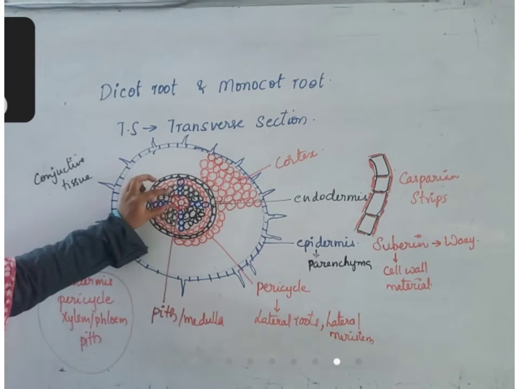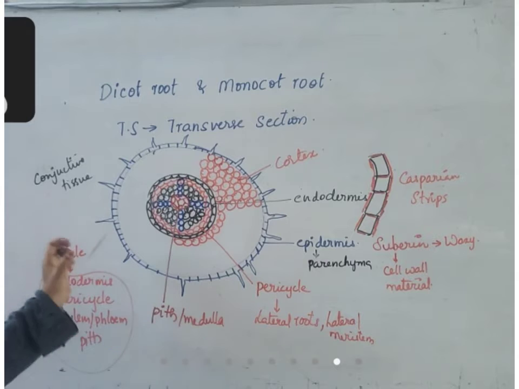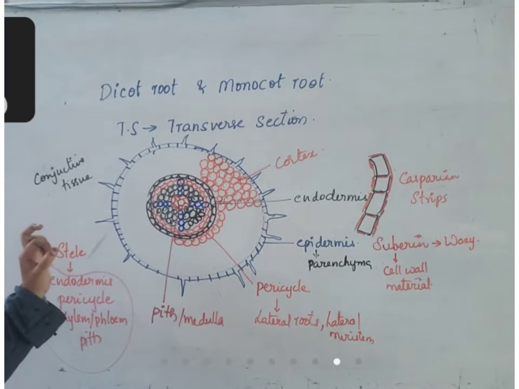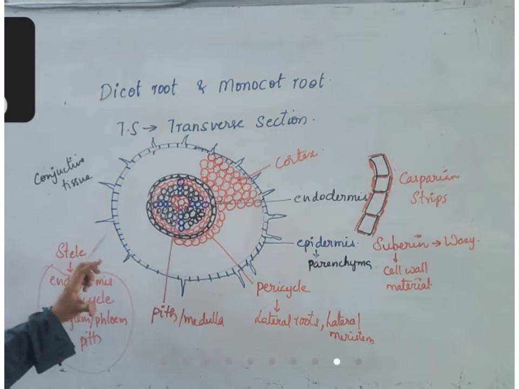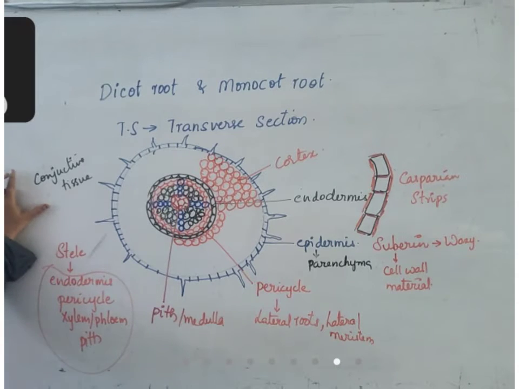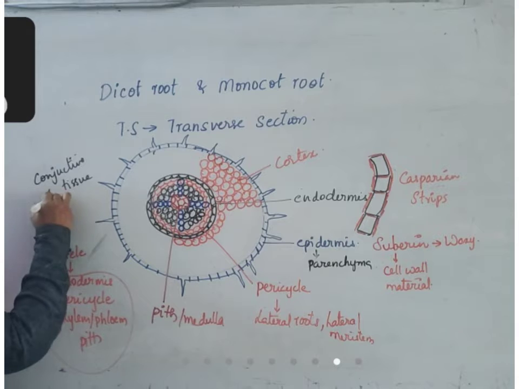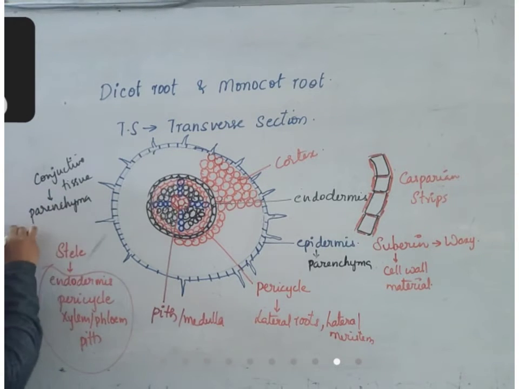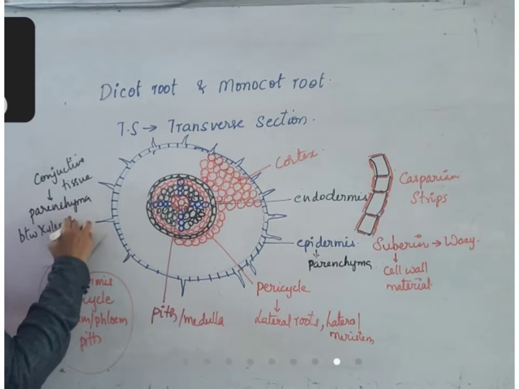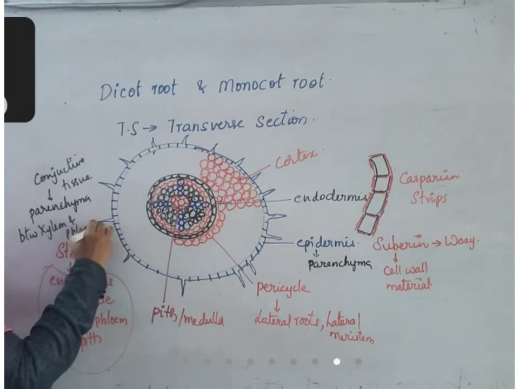It is located in the pith region of the stem. But what is the tissue that is present in the pith region? Conjunctive tissue is nothing but parenchyma that is present between xylem and phloem. That is a term given to it.